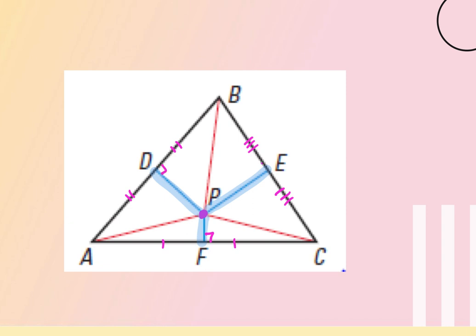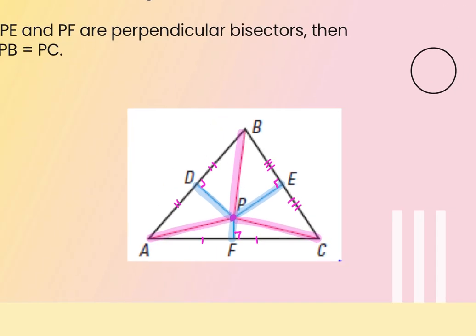It would either tell you that those are the perpendicular bisectors, or it would tell you P is the circumcenter, or all that information I just marked would be marked. And based on that, you can determine that from P to B, P to A, and P to C are all congruent.